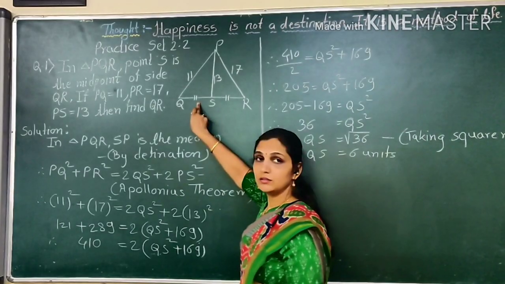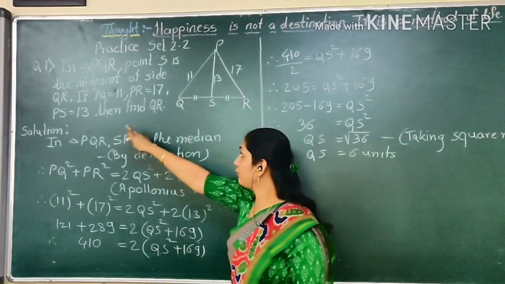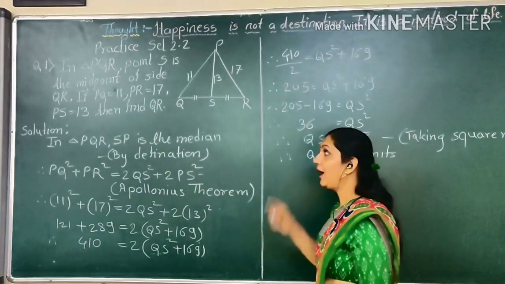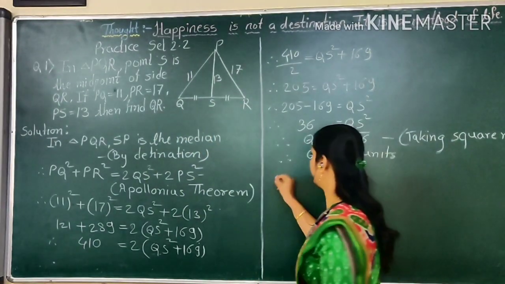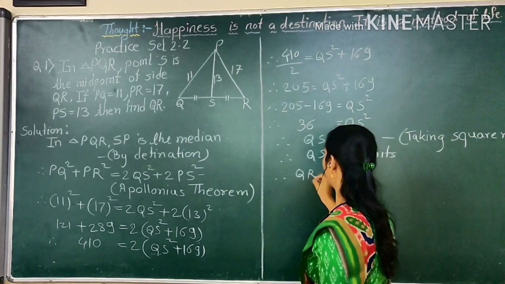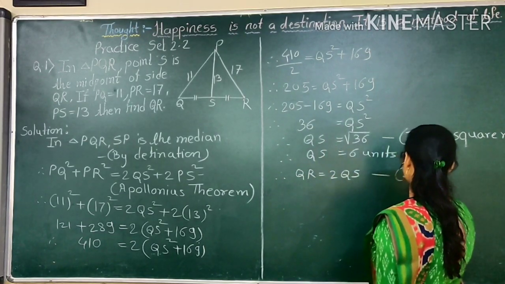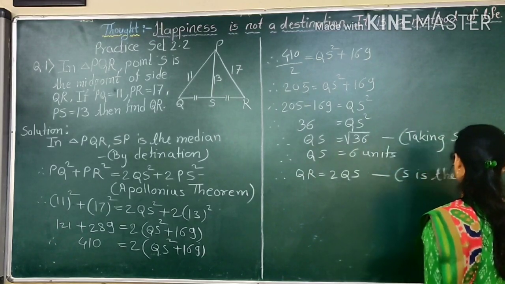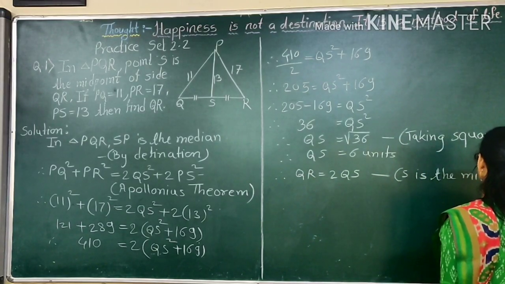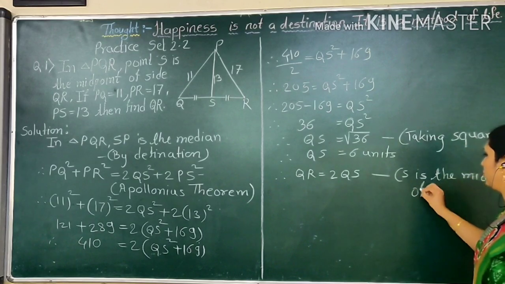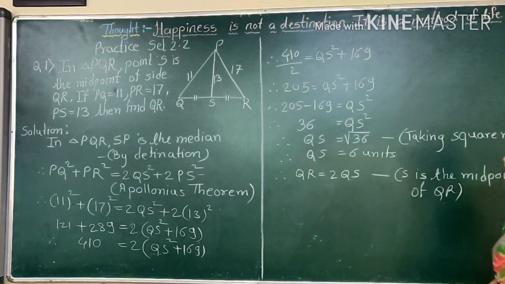Okay. Here we got QS, but we want to find out whole QR, and S is the midpoint of QR. Therefore, we can write QR is equal to 2 into QS because S is the midpoint of QR.